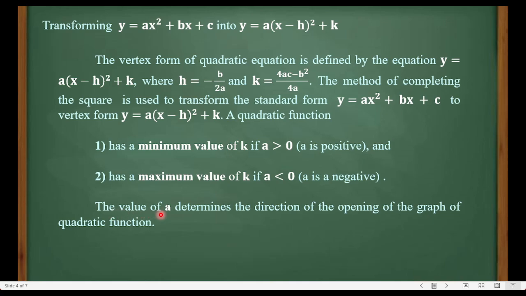The value of a determines the direction of the opening of the graph of the quadratic function, whether it opens upward or opens downward.